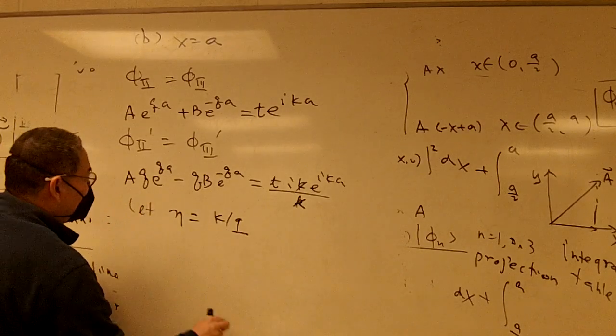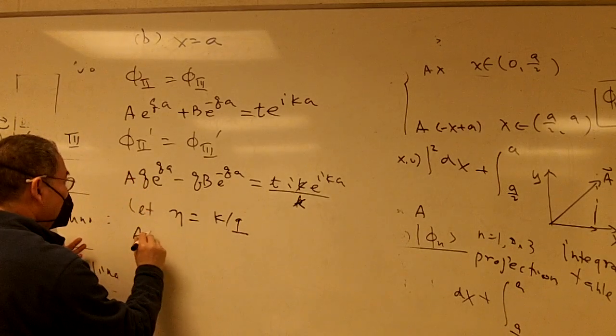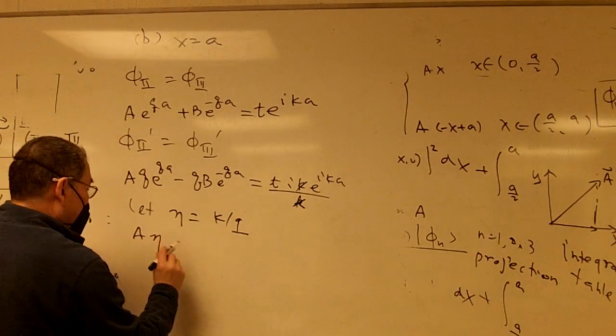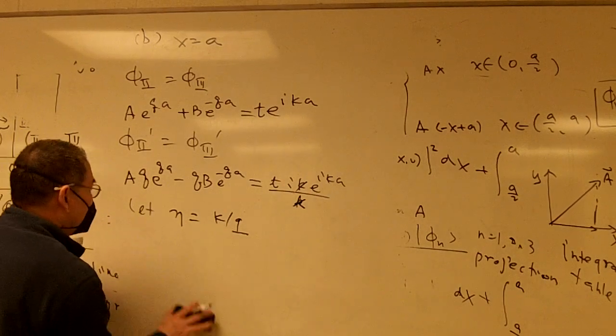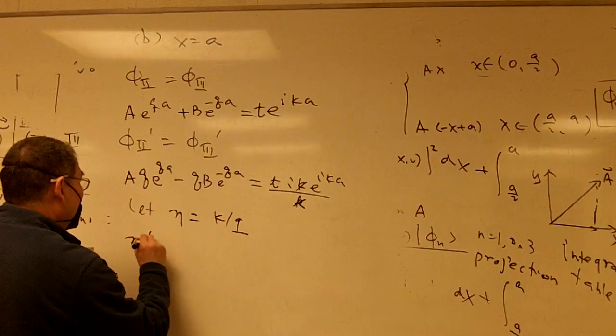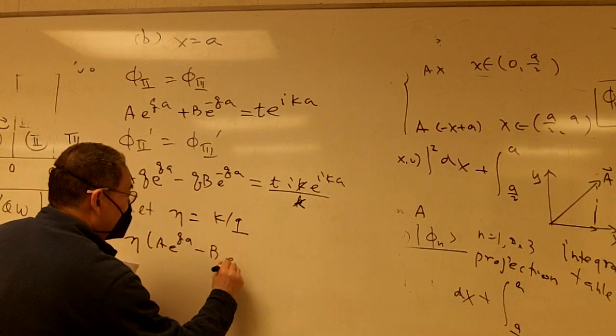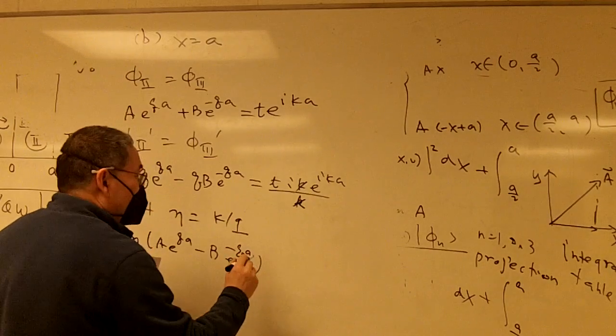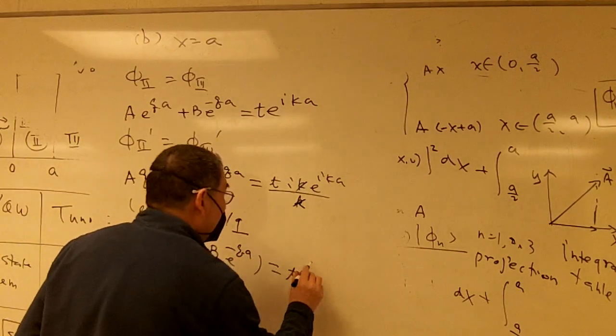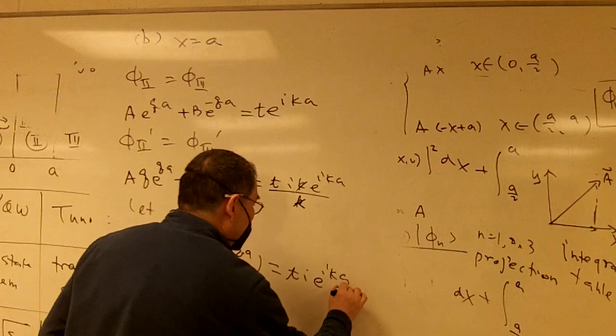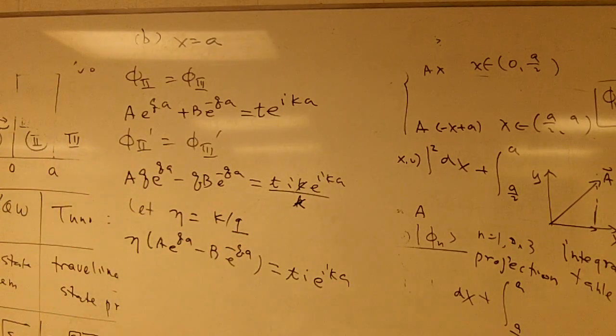On the left-hand side I'm going to simplify, and I can pull out eta. It becomes eta times A e to the q a minus B e to the negative q a, over t i e to the i k a, like this. And this is the equation which we will have.